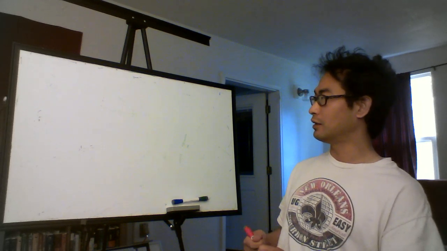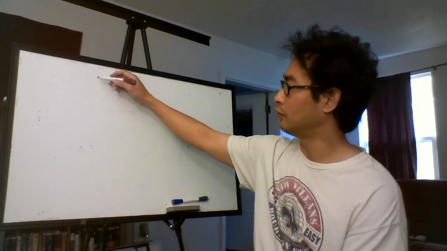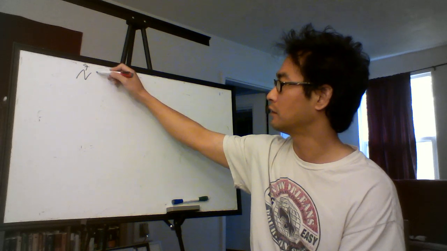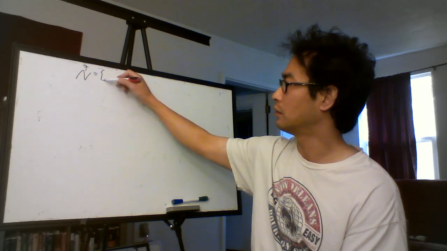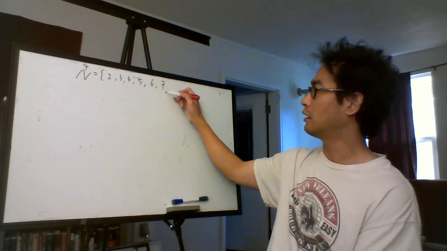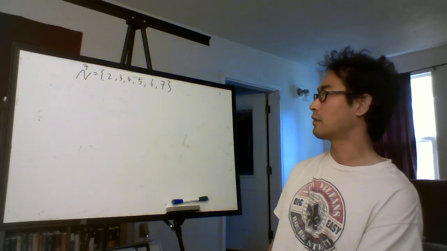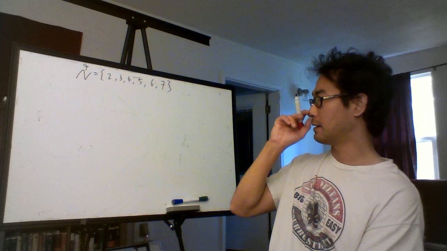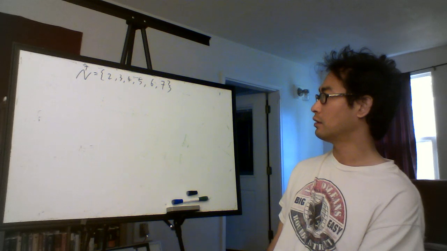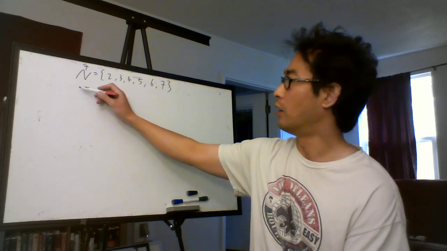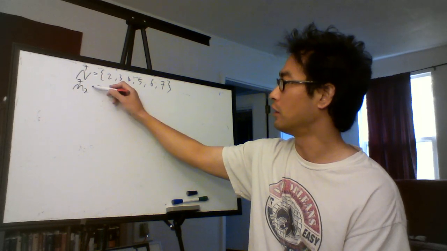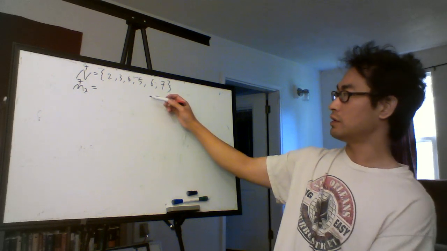You have the natural number set N top 7 is equal to... Now we have multiple sets, and M2 top 7 is all the multiples of 2, each of which is 7 or less.